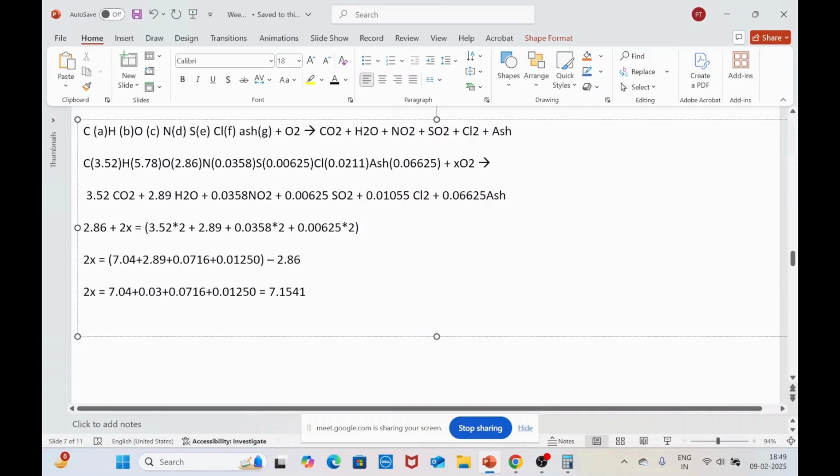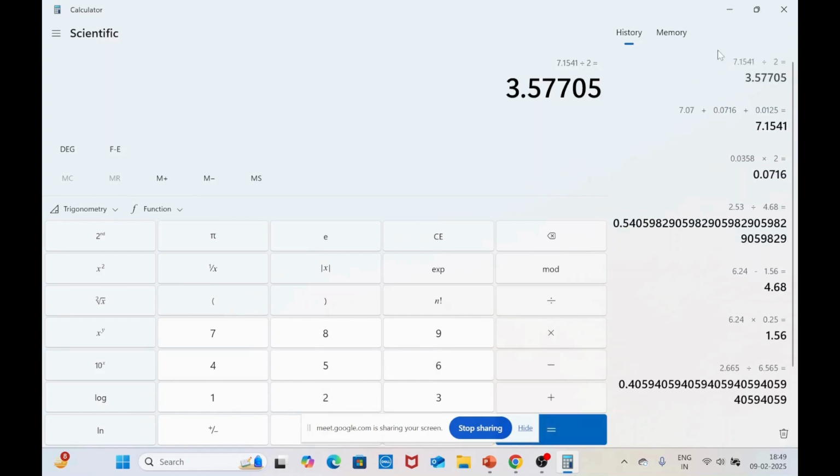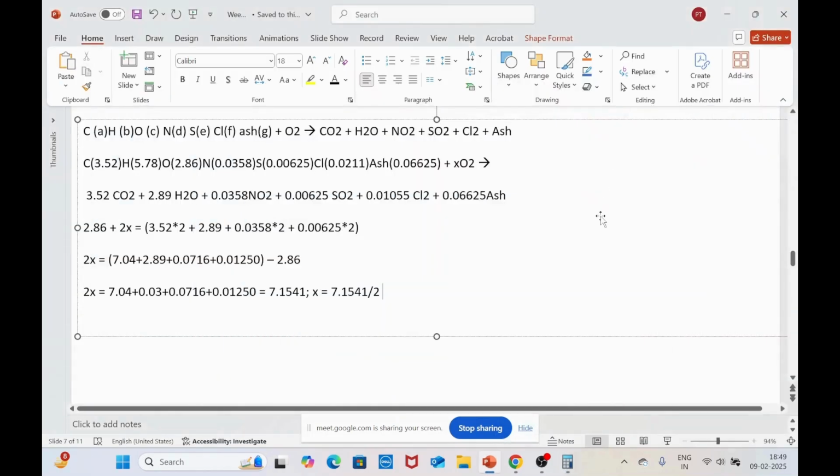So this is 2x, which means x will be 7.1541 divided by 2, around 3.577. Let me keep it as 3.57. This is the value of x.